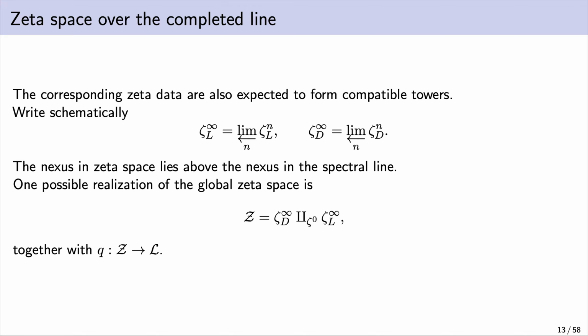on the spectral line, and a possible realization of the global zeta space is Z equals the push out over the zeta zero, the analogous nexus but in zeta space, and we're going to push out to the D and L respective towers, together with the projection back to the spectral line.